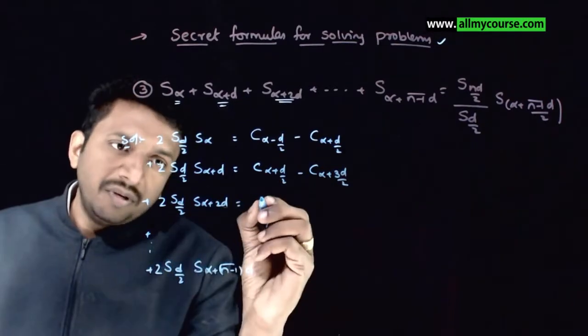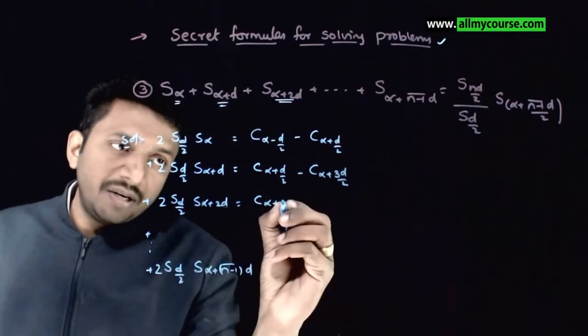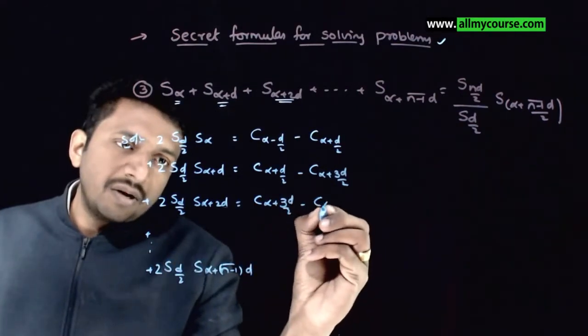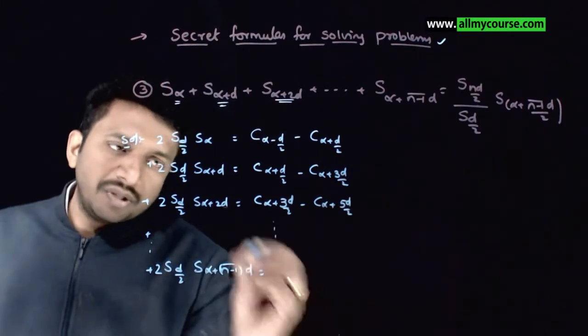The next term is cos of alpha plus d by 2 minus cos of alpha plus 5d by 2. So this goes on.